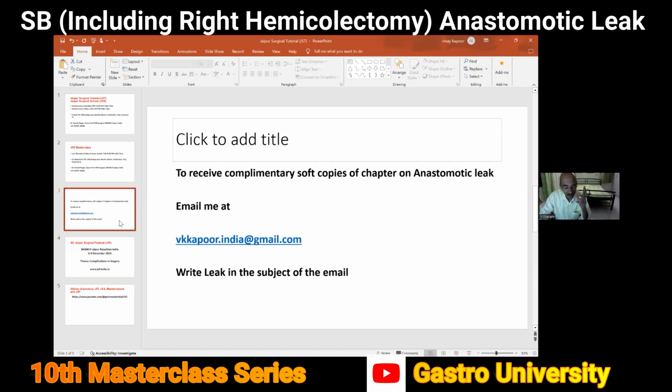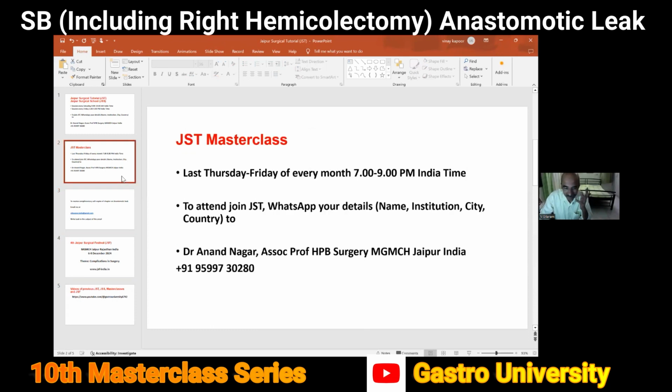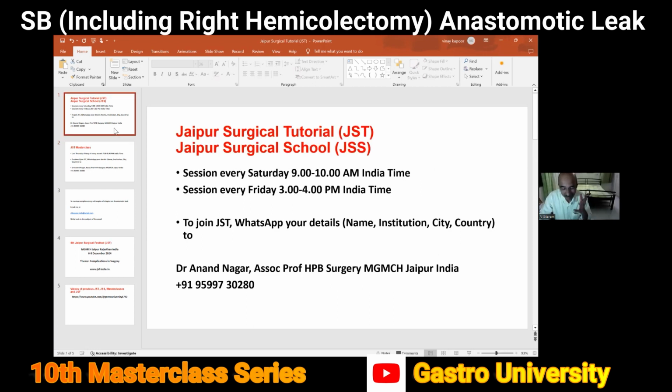The other comment I want to make is on the cost effectiveness of staples. We should not go away thinking that staples are an answer to many of our problems. I don't agree with that. We are still not a developed country. 2047 is still very far away, and we are a developing country, with surgery done in very small hospitals in the periphery.